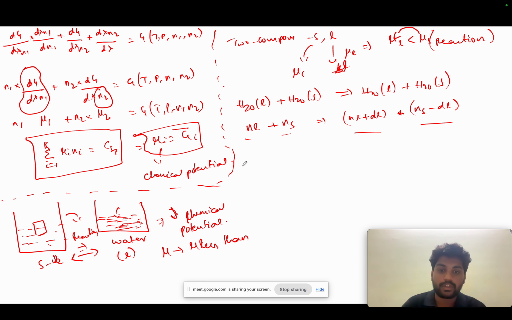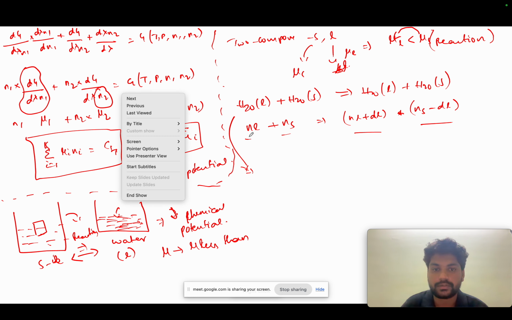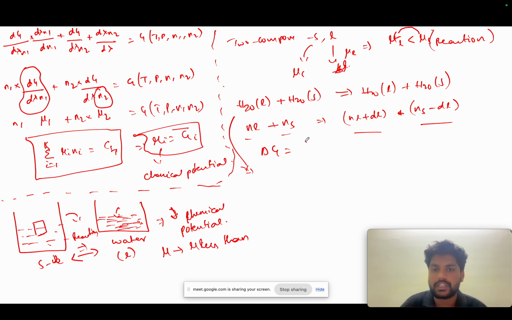Now if you look at this equation, delta G of reaction is nothing but G1 plus G2, which for the reaction gives mu L dNL plus mu S dNS.